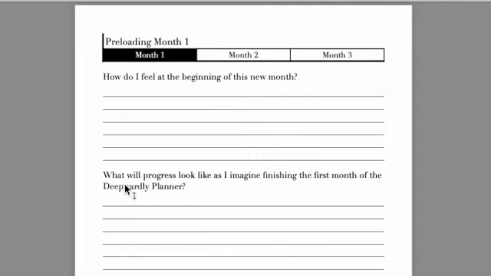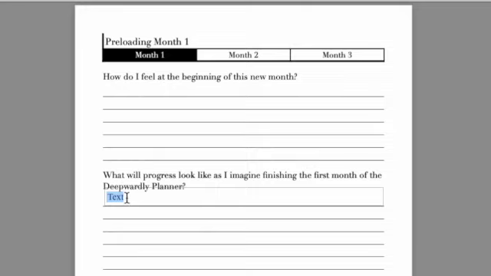Then you'll be asked to answer the question, what will progress look like as I imagine finishing the first month of the Deepwardly Planner? So for example, the example we've been using so far has been the example of growing in self-care.